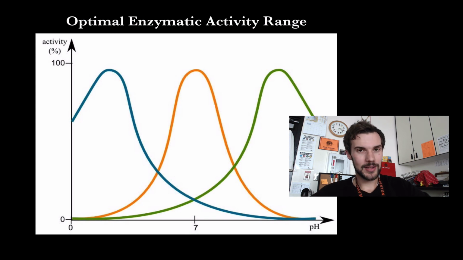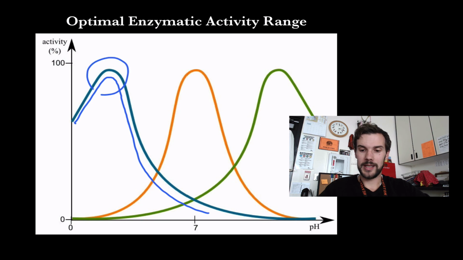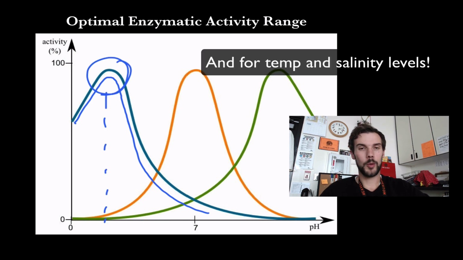Our bodies have different enzymes that have different optimal pHs, and they will work best at different pHs. So this blue curve will work best at a really low pH. Let's say this is about 2 to 3. That could be our stomach acid.